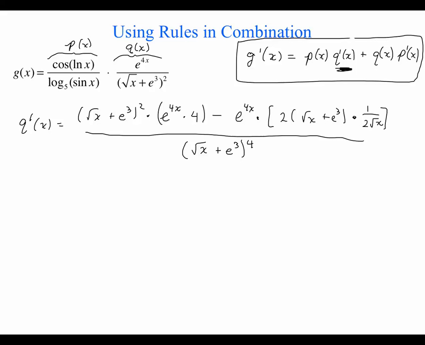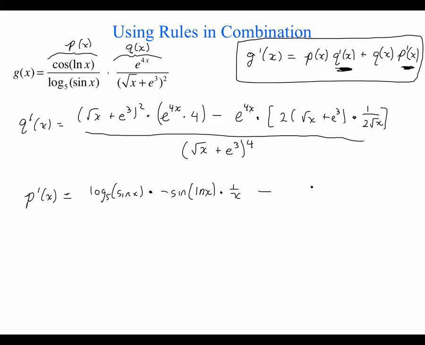Okay, so then, what do we need next? So our goal is this here, right? So all that's left now is we need the rate of change of P. And what's that? P is another quotient, so the rate of change of P will likewise be another quotient. So we'll have low d high. There's low d high. So what is the rate of change here? That's the rate of change of the numerator in the P function.